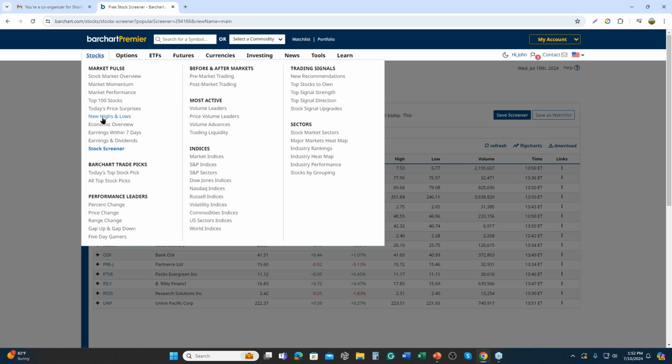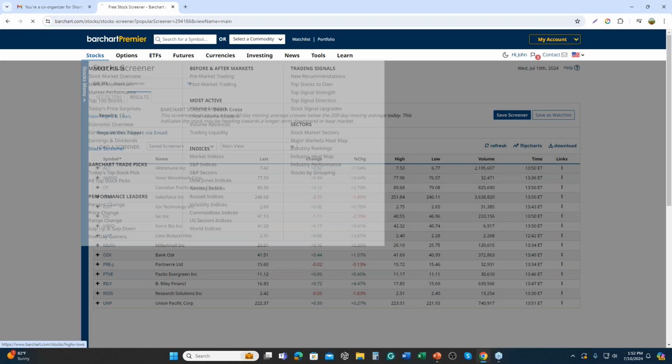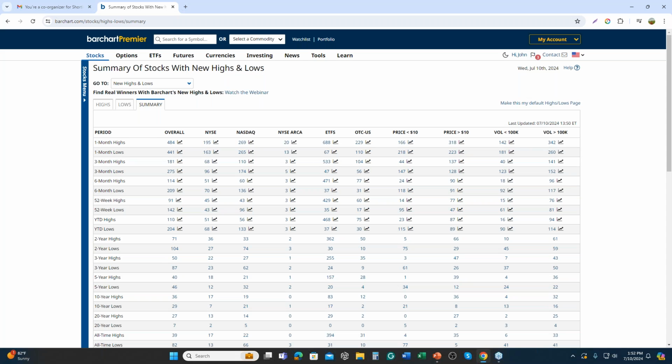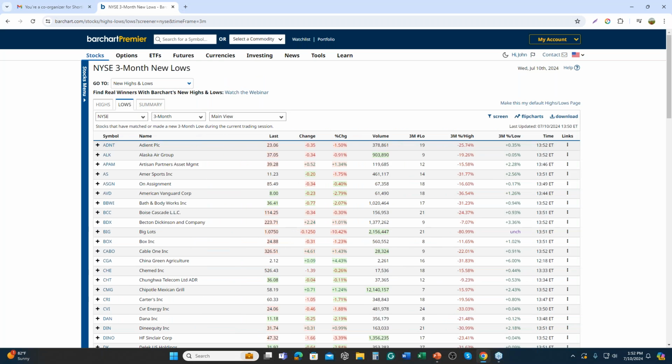Another reference tool that we have is new highs and new lows. I'm going to go to the summary page in new highs and lows, and you can see a lot of different new high and low categorizations. I would sort between new monthly lows and new three-month lows to find candidates. What we want to do here is look for those that haven't already fallen a large percentage from that time frame's high, in other words, this three-month high.